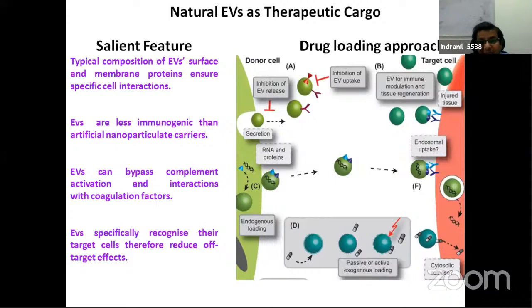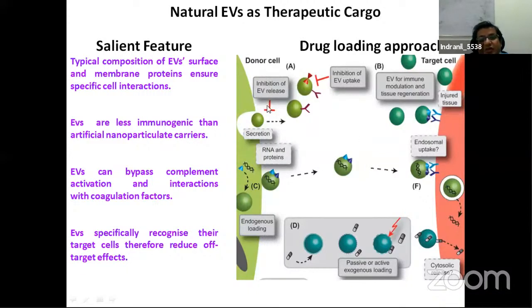What is the endogenous approach? In the endogenous approach, we first tune the cell. Suppose I want to deliver a microRNA to another cell. First, people need to engineer a cell in which this microRNA is produced, and then the microRNA gets packaged in these exosomes or cell-derived microvesicles, and that can be delivered to another cell.